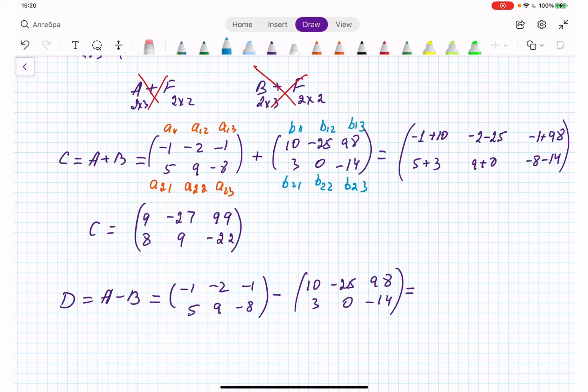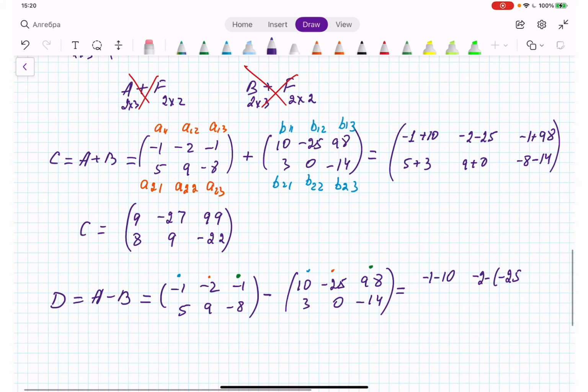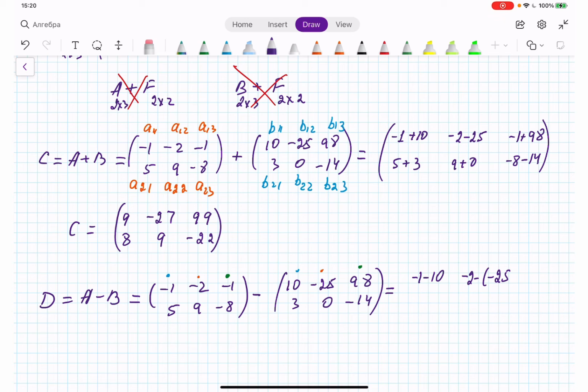So first I'm doing -1 minus 10. And next I'm doing -2 minus -25. And then negative 1 minus 98.